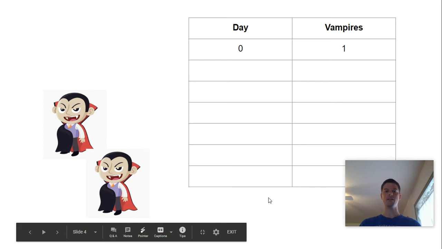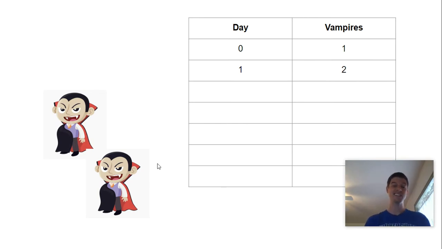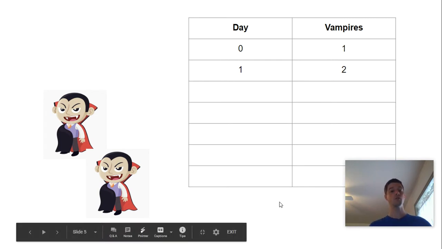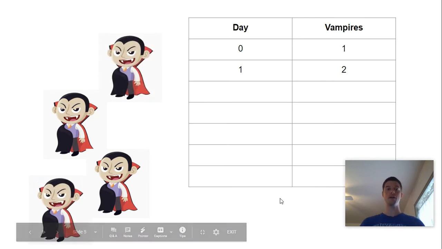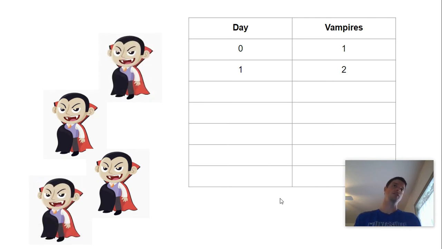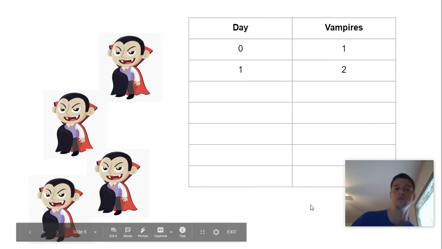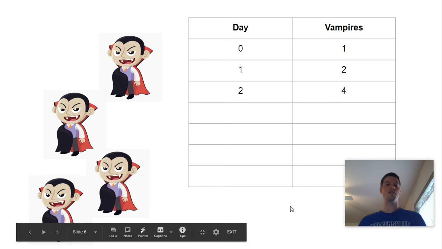So on day one, we have two vampires. Now, on the next day, each of those vampires has to drink the blood of another human. So we're not going to get one more vampire, we're going to get two more vampires on the following day. Each of them needed to drink blood, so there are two new humans. So on day two, there are four vampires.